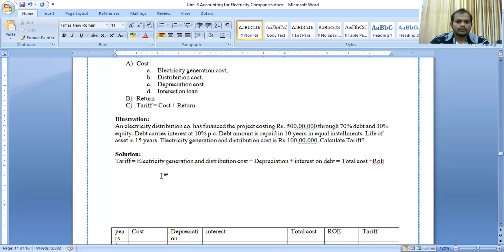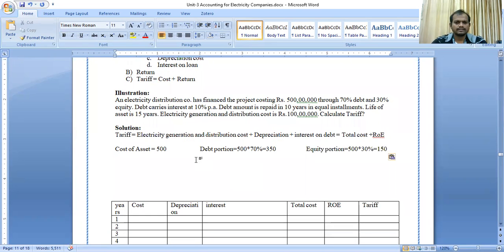So working notes. Cost of asset is 500, and out of this 500 debt portion is 70%, which comes around 350 lakhs, and equity portion is 30%, which comes around 150 lakhs.